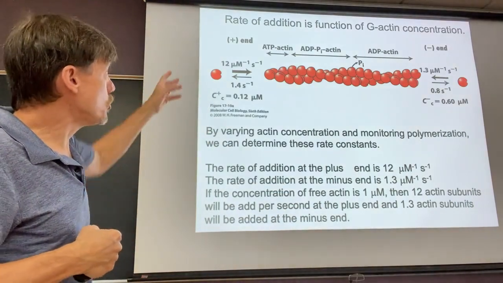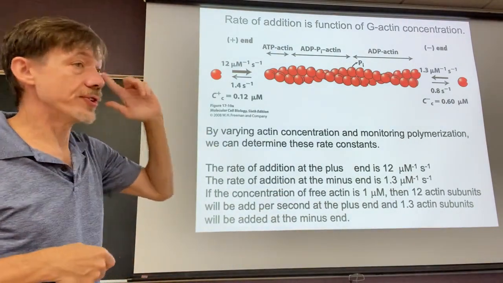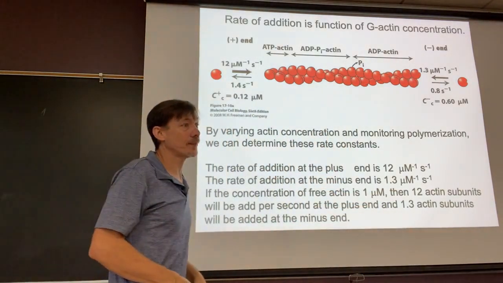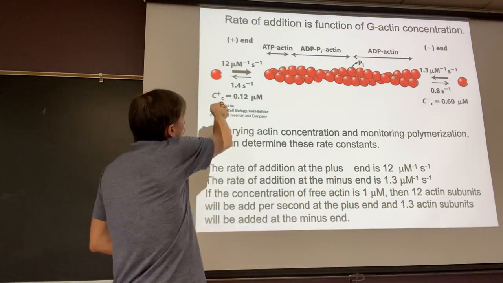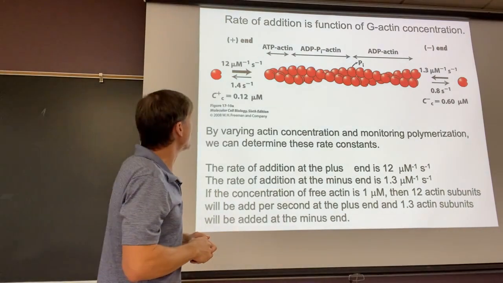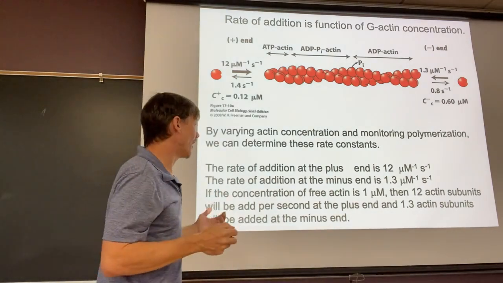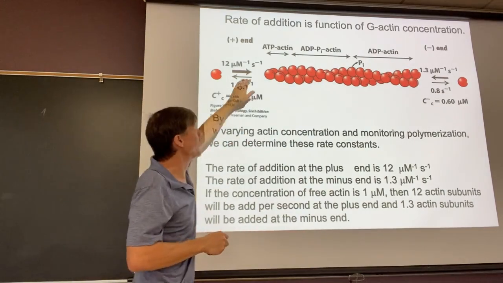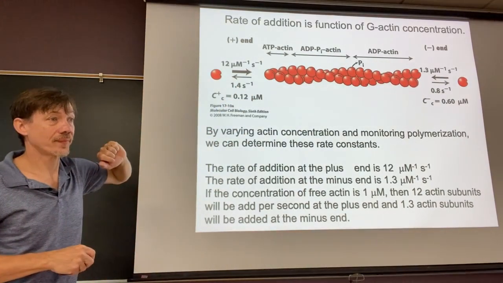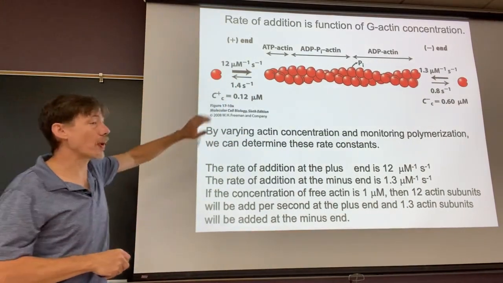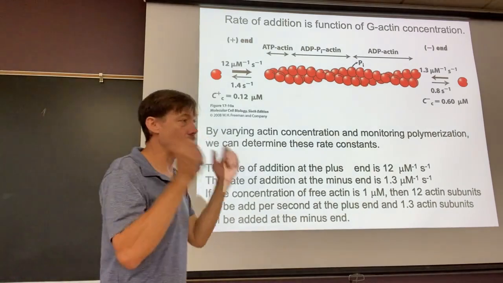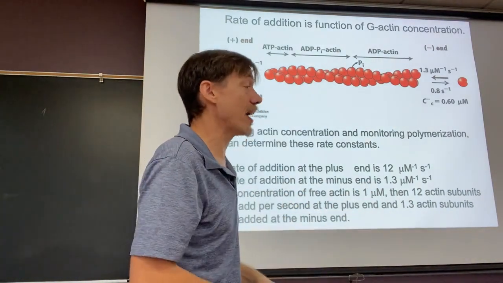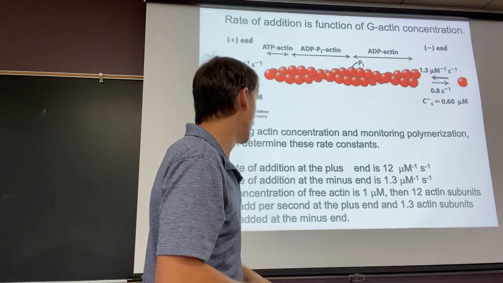The way to use these numbers is if we know the concentration of free actin is 1 micromolar, then this is telling us that there will be 12 actin subunits added per second. So these rate constants are really useful. If you know the concentration of the solution, you can know how fast things are going to grow.